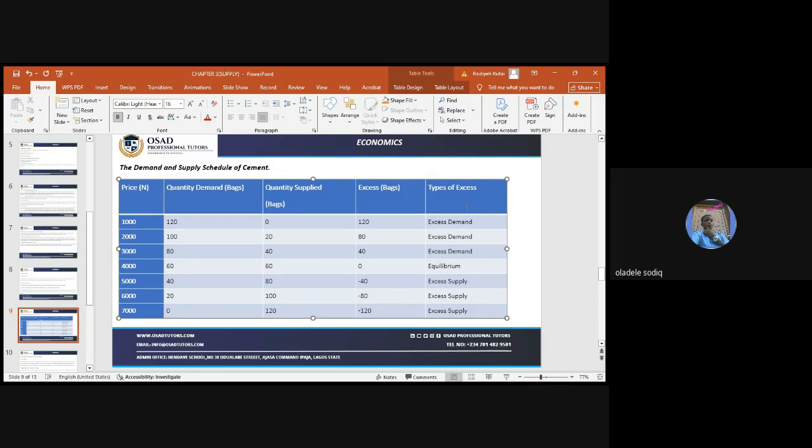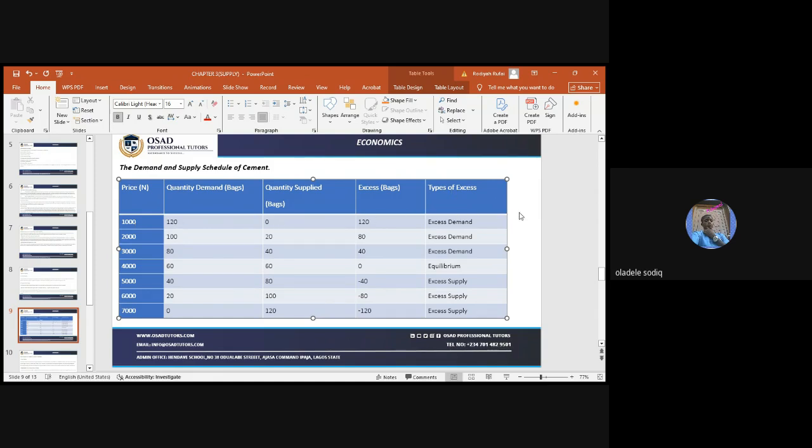Excess demand is a situation whereby the quantity demanded of a commodity is higher than the quantity supplied. Here, we demand 120, but they supply what? 0. So quantity demanded is higher than quantity supplied.